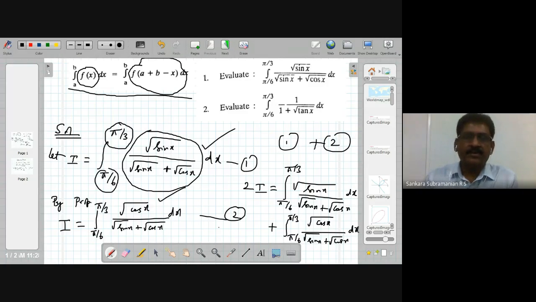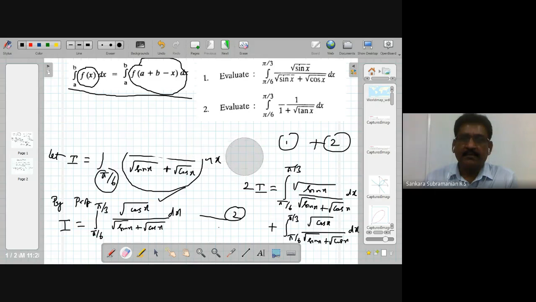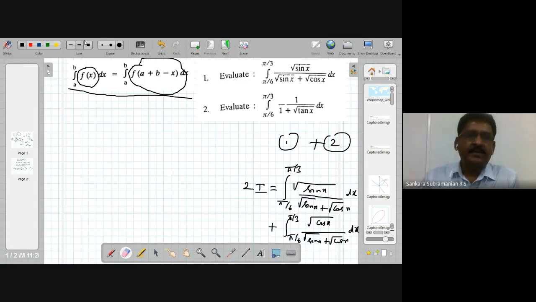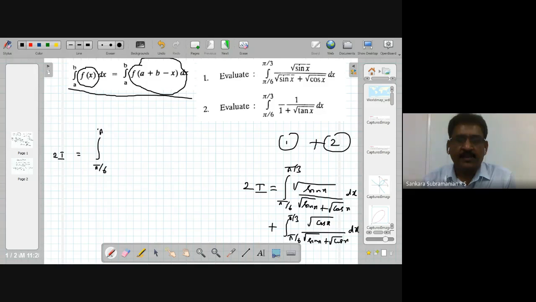So you know the properties of integrals, right? If you have the same limits, integral a to b, you can add them using the linearity property. So 2I is equal to the integral from pi by 6 to pi by 3.